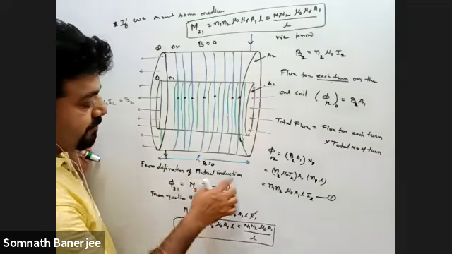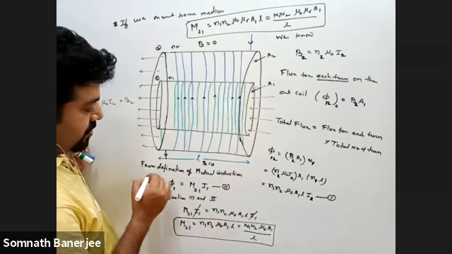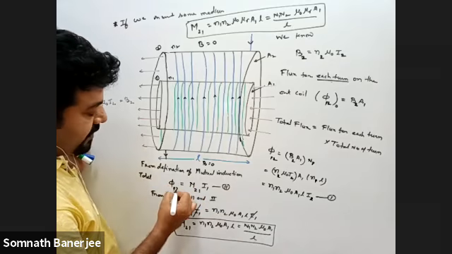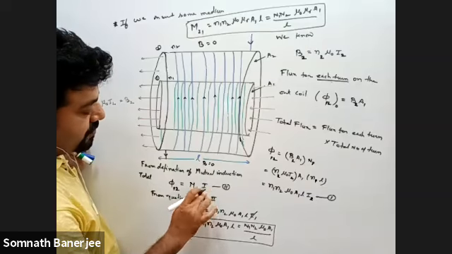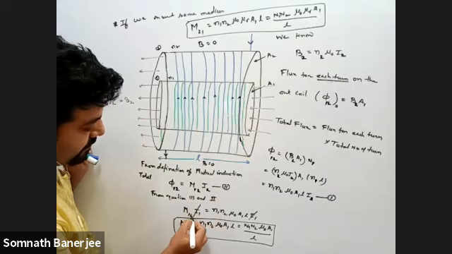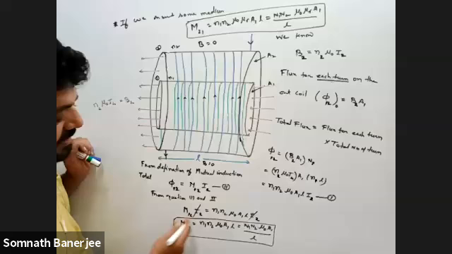From the definition of mutual induction, total flux at 1 due to 2 equals mutual induction at 1 due to 2 times current of 2. So here we write M 1 2, the current is I2, and this current again cancels.